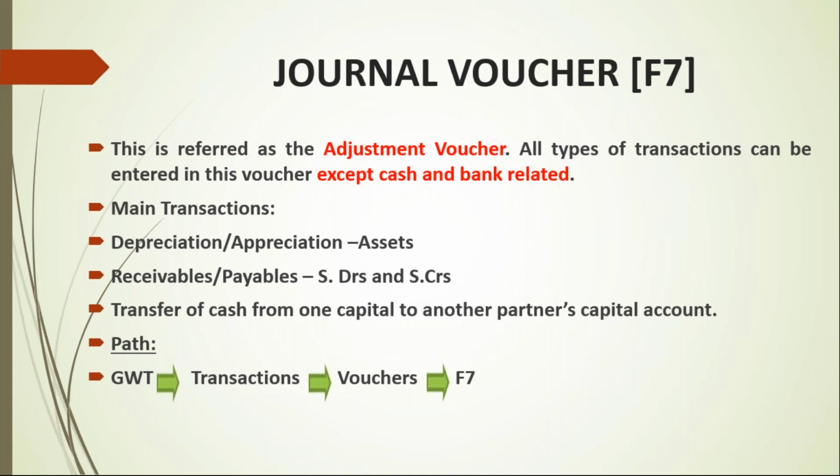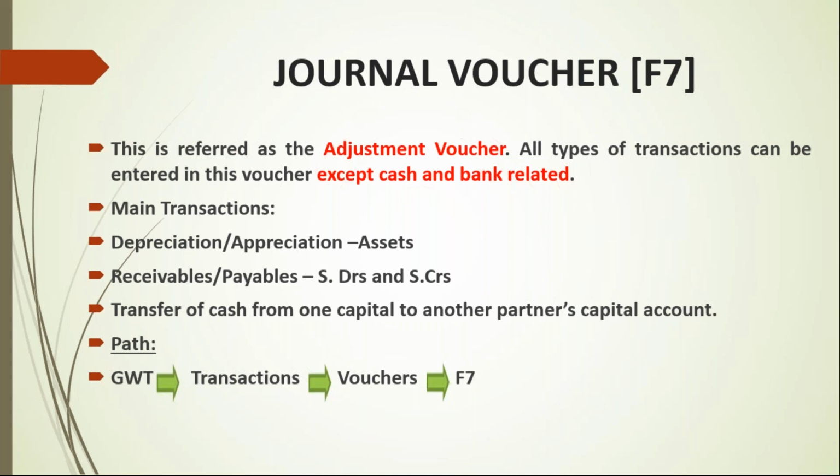Then if I take a receipt voucher, if I have to receive any source of income for the business, I go for a receipt voucher. Now, if I talk about a journal voucher, what is the case? Here I've given as journal voucher is referred as the adjustment voucher in Tally. All types of transactions can be entered in this voucher except cash and bank related.